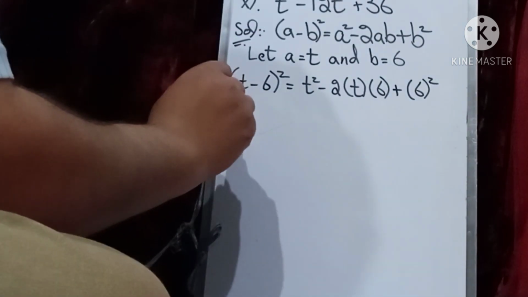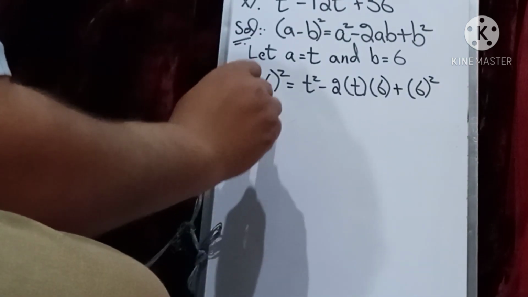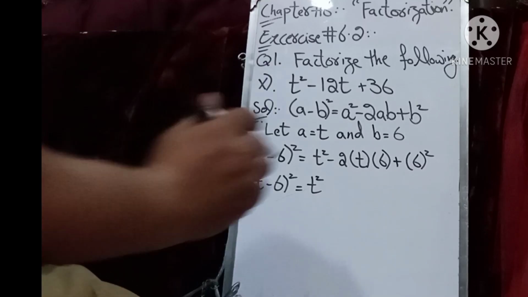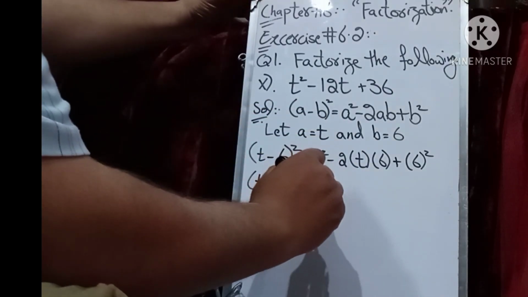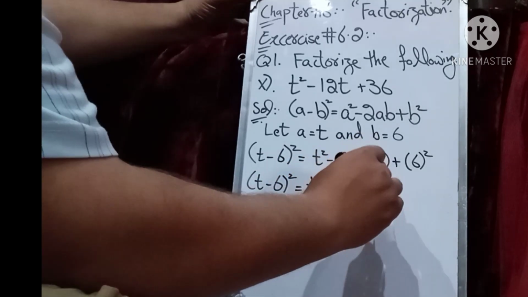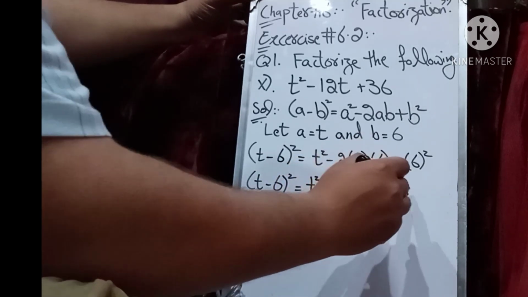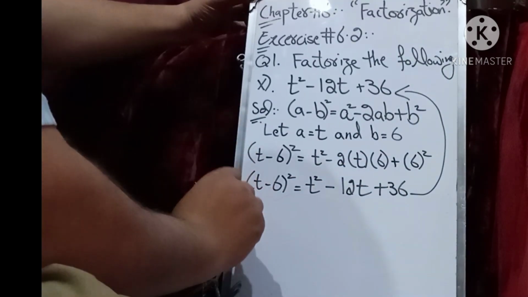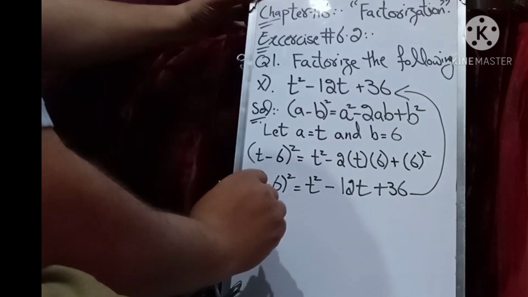When you simplify it, you will get (t minus 6) whole square is equal to t square minus 12t plus 36, which is actually equal to our question which is given.